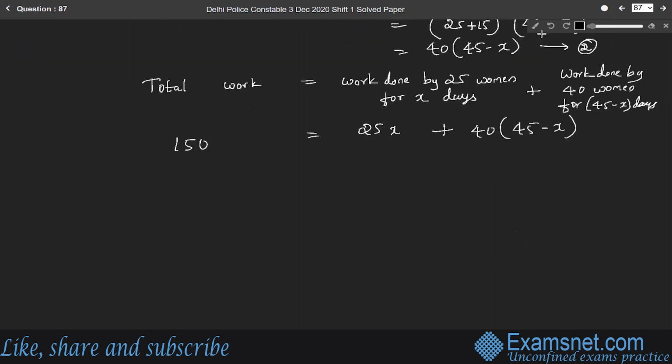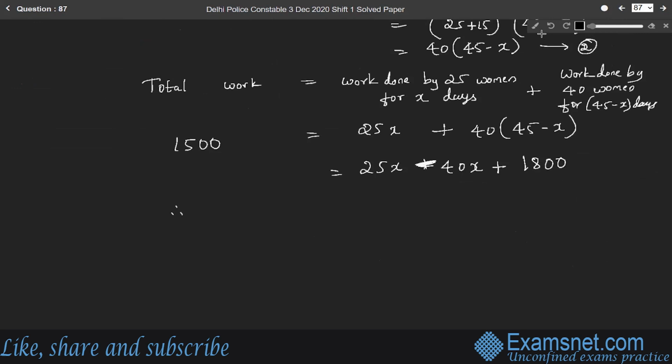So 1500 is equal to 25X plus 40X, minus 40X here. So plus 40 into 45 is 1800.